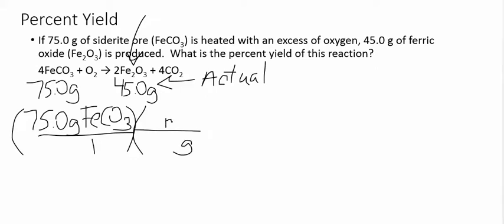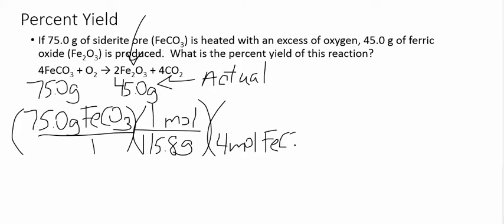So we're going to go from grams back to moles. So I need the molar mass of FeCO3, which is 115.8. Then we're going to do our mole to mole ratio. There are 4 moles of the FeCO3 for every 2 moles of the Fe2O3.